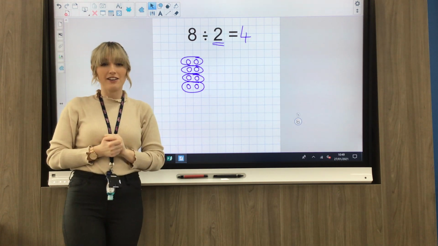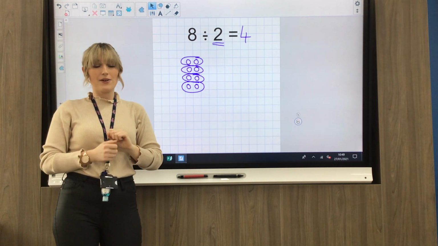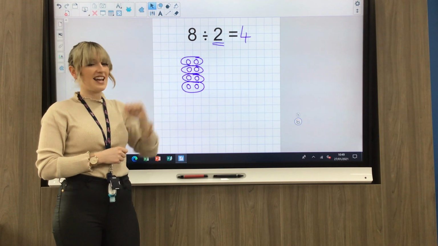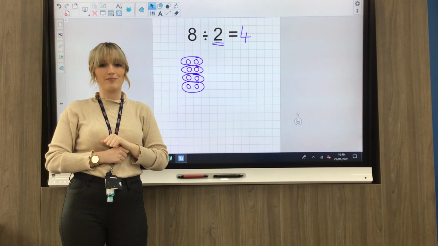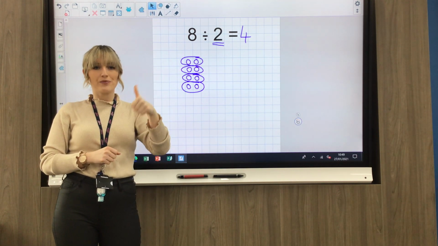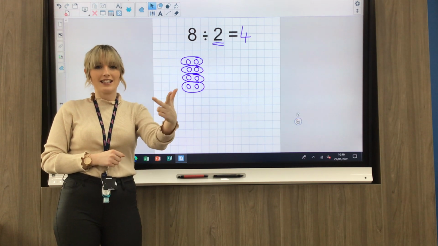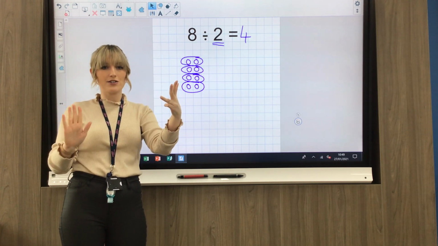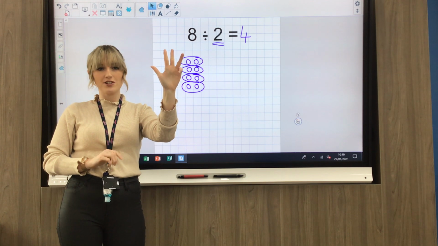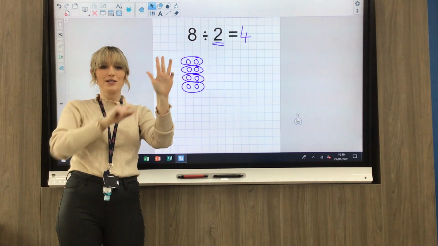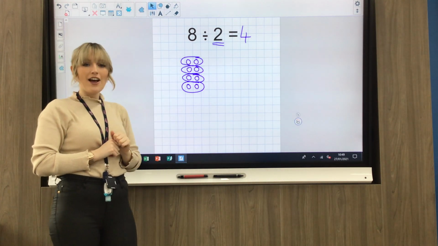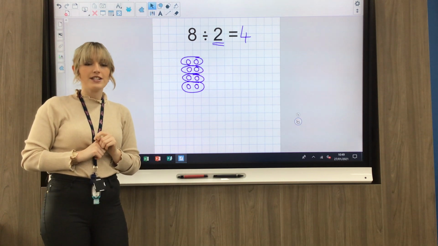Get ready to count with me. We're counting in 2s until we get to 8, and the answer should be 4. 2, 4, 6, 8. Remember to stop. How many times did you count? It was 4, so we know it's right. That's how we solve the division question.